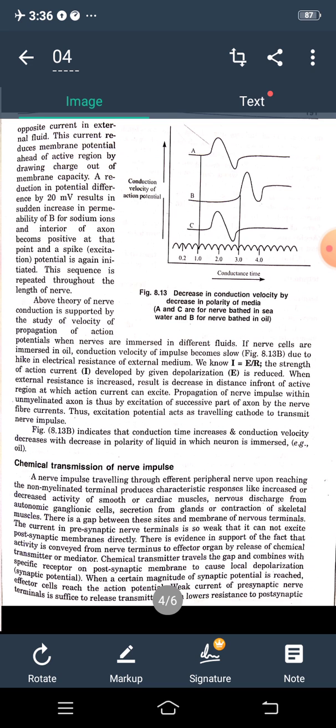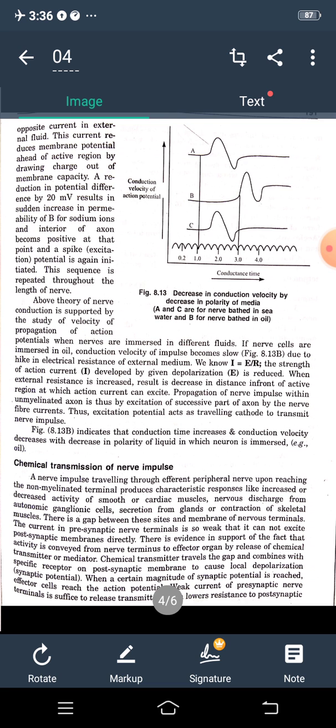There is a gap between these sites and the membrane of nerve terminals. The current in pre-synaptic nerve terminals is so weak that it cannot excite post-synaptic membranes directly.